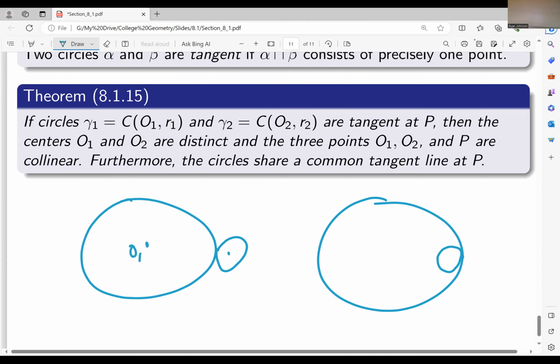So there's O1, there's O2, and there's P. So I can create a tangent line.